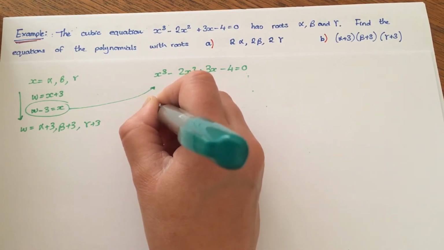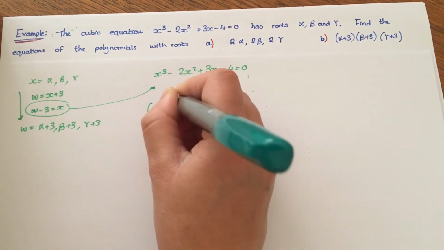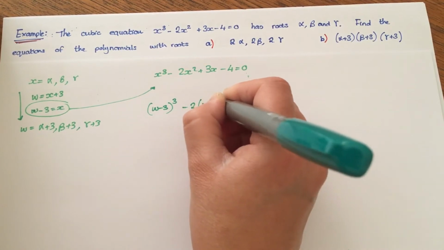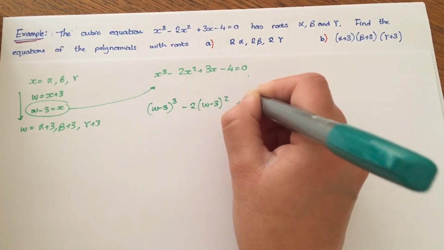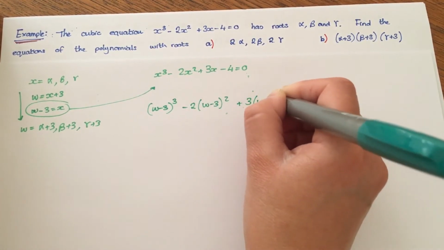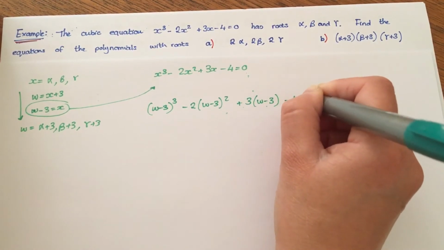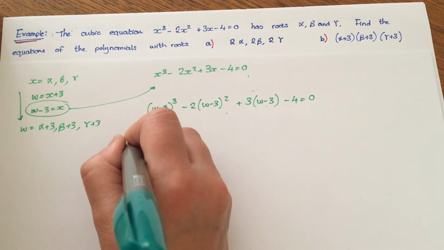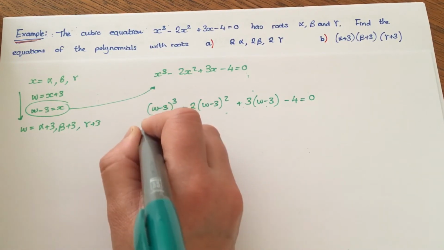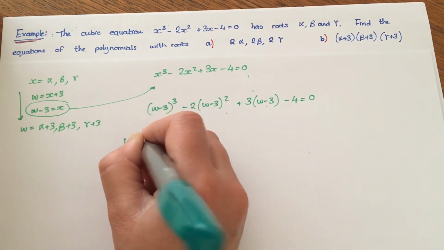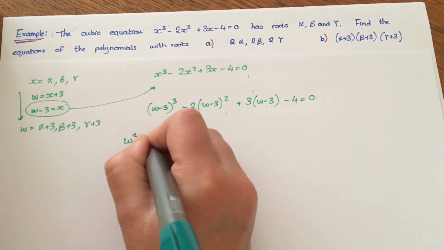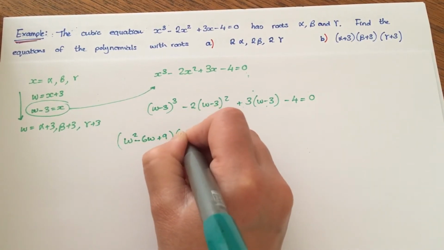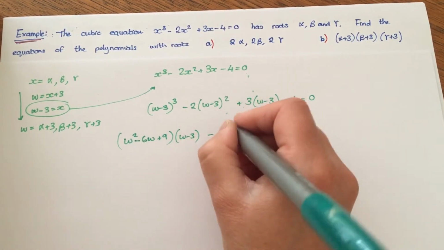So x cubed then becomes (w minus 3) cubed minus 2(w minus 3) squared plus 3(w minus 3) minus 4 equals 0. So if I multiply this out, for the squared one I get w squared minus 6w plus 9, minus 2 lots.